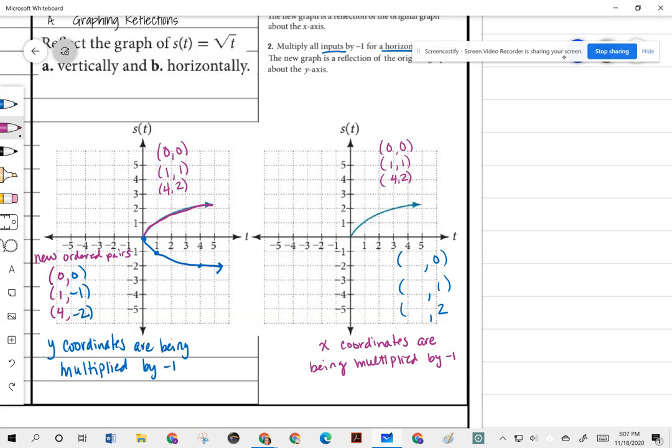So let's take a look at this. 0 times -1 is going to be 0. 1 times -1 is -1, and 4 times -1 is -4. So what we have is 0, 0, we have -1, 1, and then we have -4, 2. And so it is going in this direction, all right? So you have a reflection like that.